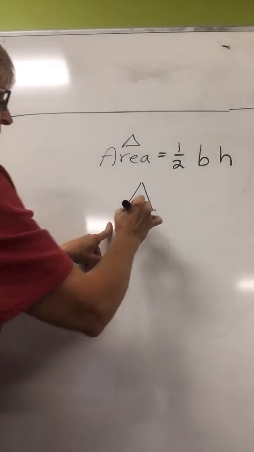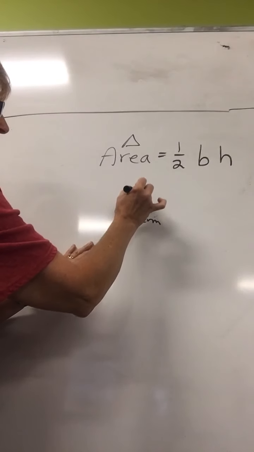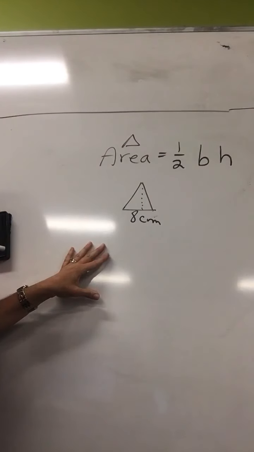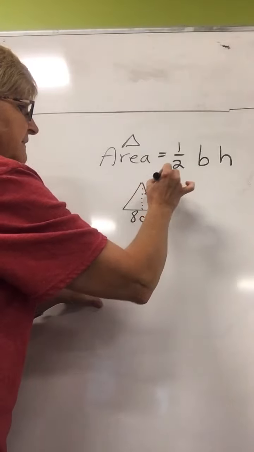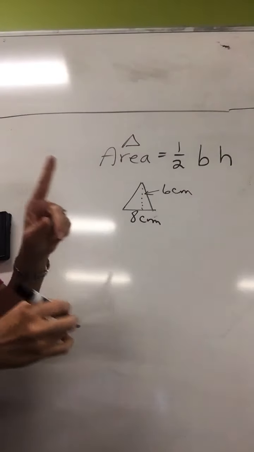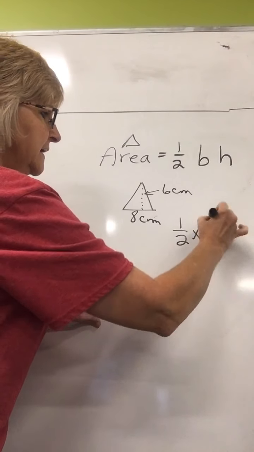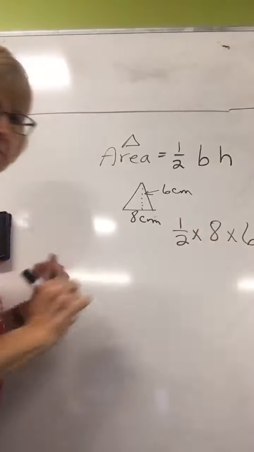Let's say that's 8 centimeters. And here's my height. Again, you might see that dotted line. That just means the height. The height is 6 centimeters. So now I have to do something a little different. I'm going to do 1/2 times 8 times 6.